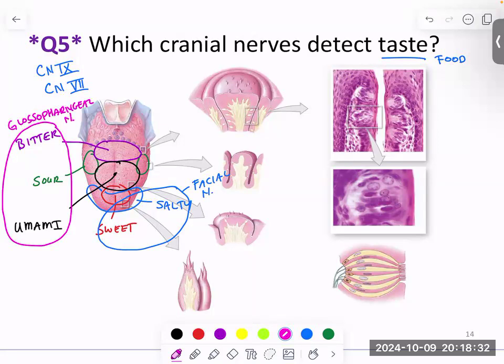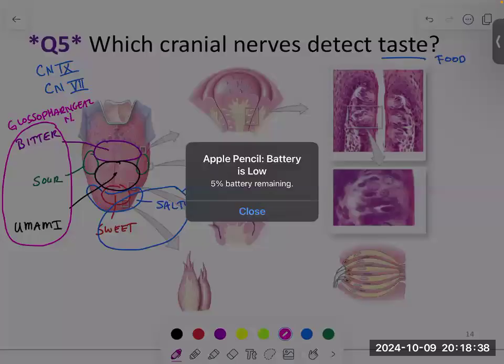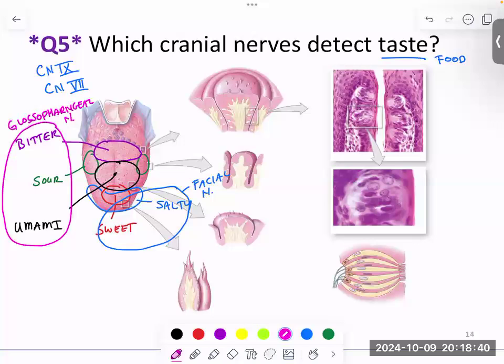And I mentioned last week, there's technically one major other taste. Who knows what the other taste is? You need to be able to taste it. Let me see, what color haven't I used? We're gonna go with this bright green. Back over here. This is where your body detects taste.